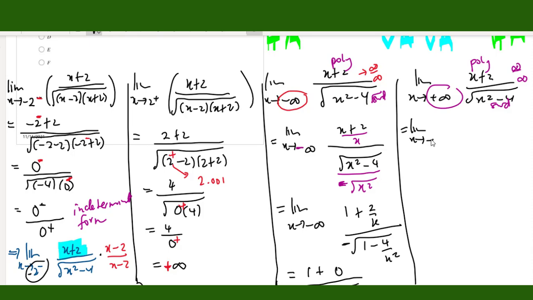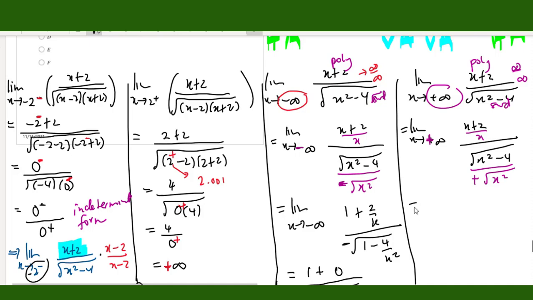Limit of x plus 2 over the cube root of x squared minus 4. Divide by x, divide by positive. Why positive? This one is positive.